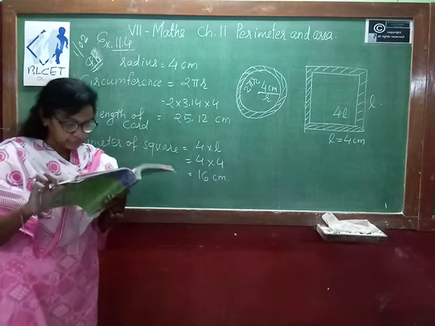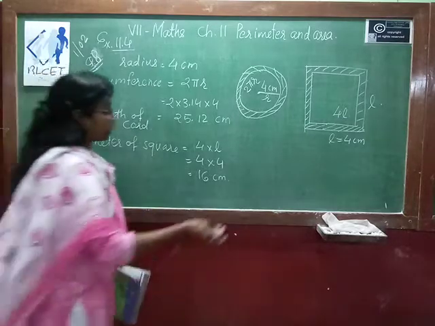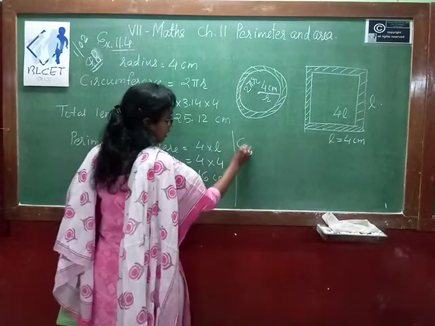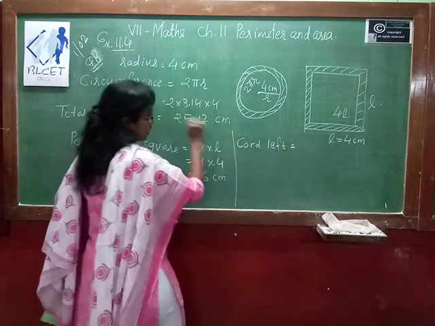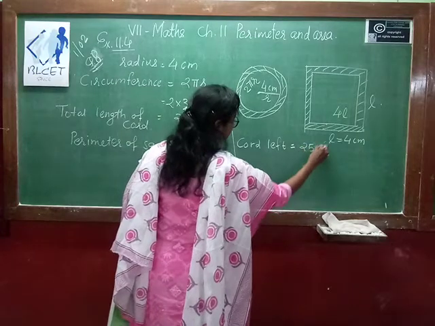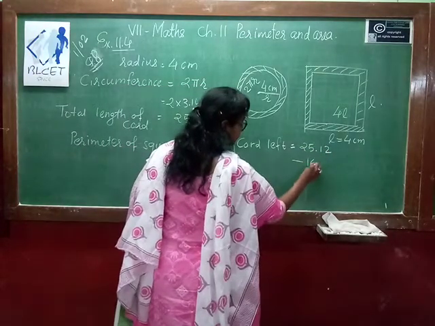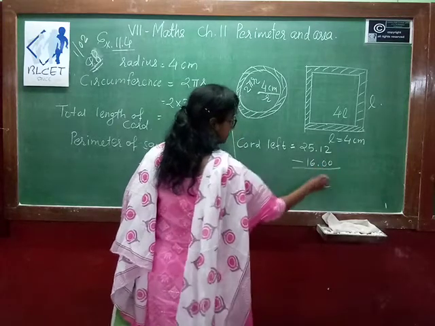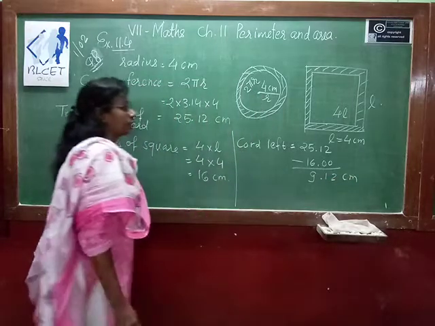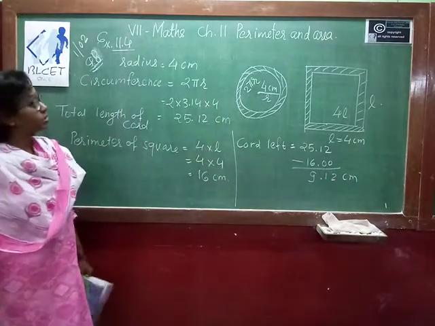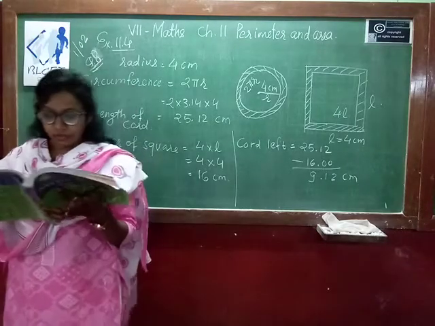Did she have any cord left? Total cord minus total used, that is 25.12 minus 16. So what is the answer? 9.12 centimeter of cord is left. So this way you can solve question number 8. Move on to the next question, question number 9.